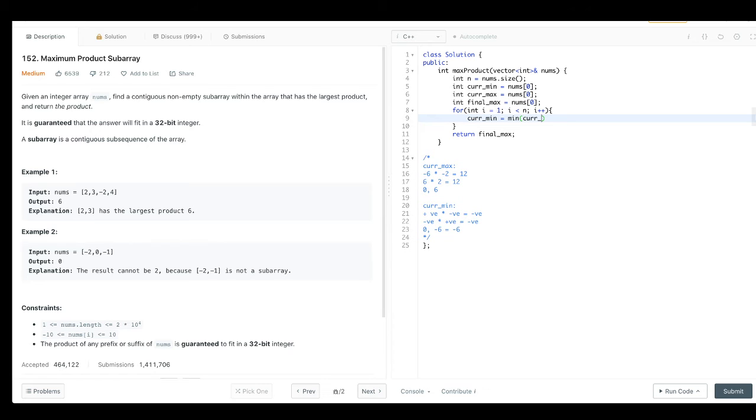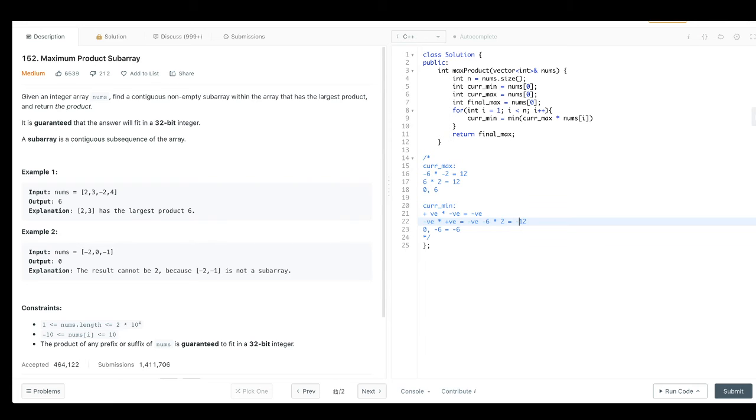If the current maximum product was a negative product, say minus 6, and our current element is also negative, then minus 6 into minus 2 will give us plus 12. But if the current element was not minus 2, it was plus 2, this will give us minus 12, which will be a lesser minimum than minus 6. So minus 12 is less than minus 6.